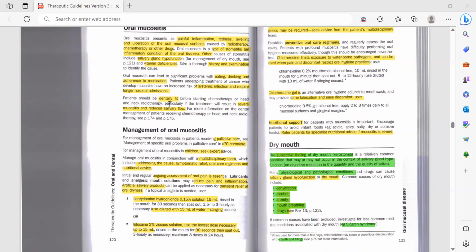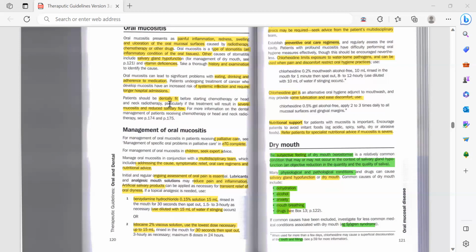Whenever patients are diagnosed with cancer, before starting their medication, their specialist sends them to the dentist to make sure they are dentally fit, because there are certain medications like bisphosphonates. Cancer patients would be taking that medication, and osteoporosis patients as well, which is a very common disease seen in Australia.